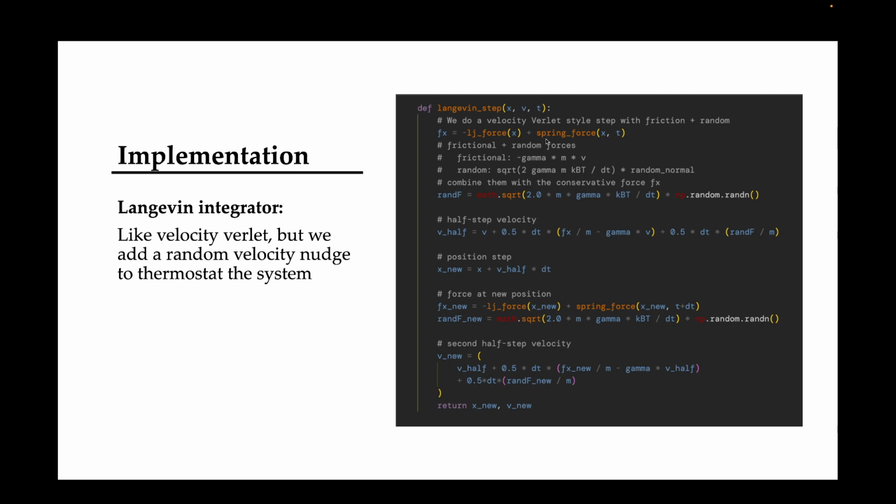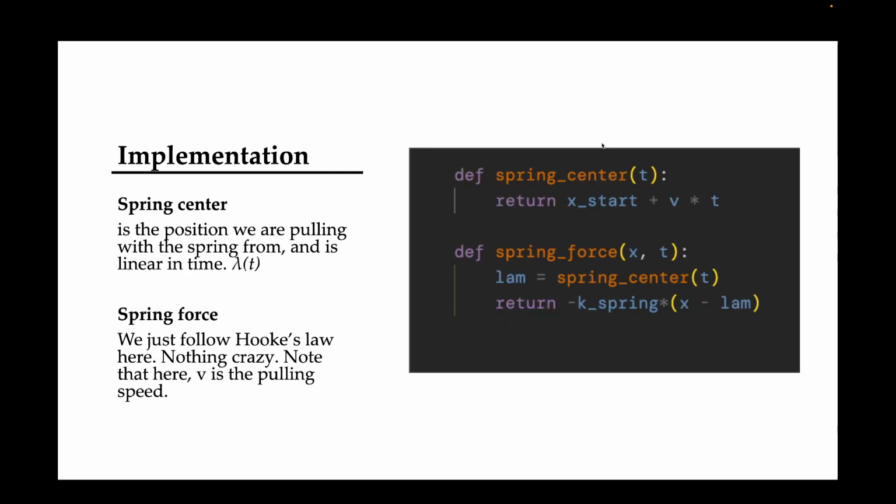The only thing is we have another force. We have the spring force. And let's talk about the spring force. So the spring center is our lambda position, right? And we're pulling with a rate of v. And so lambda is changing linearly. So we can calculate lambda at any time, essentially, with this function.